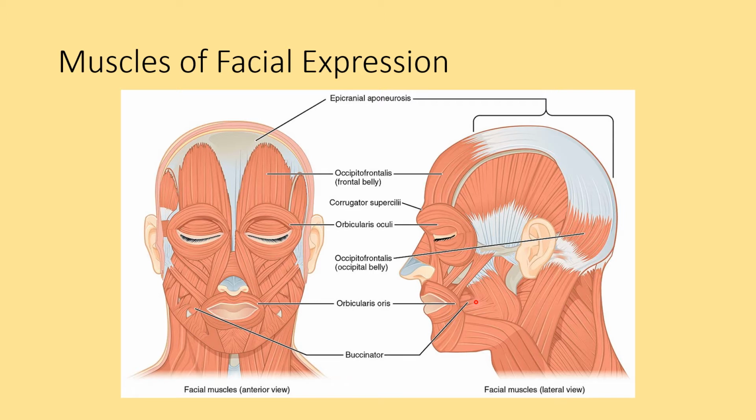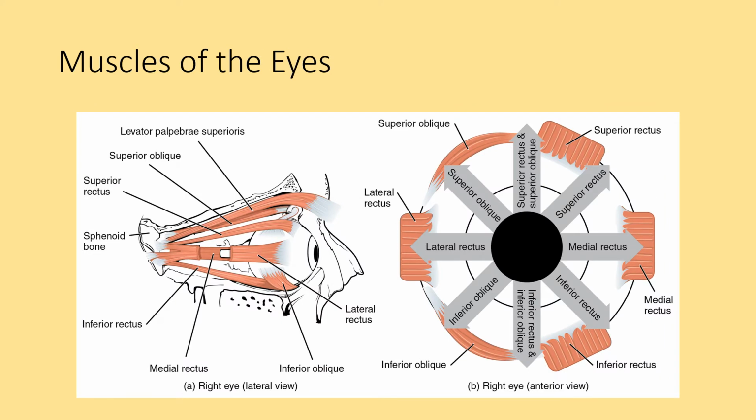That's going to help with smiling, etc. And like I said, a lot of these muscles are just below the skin. A lot of them are attached to the skin, so that when they contract, you do get the movement of the skin.